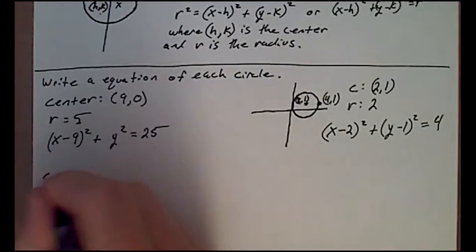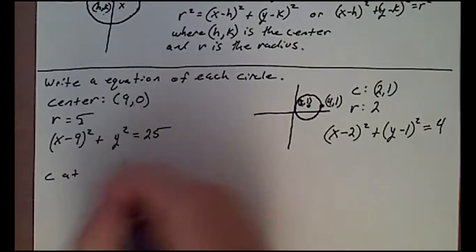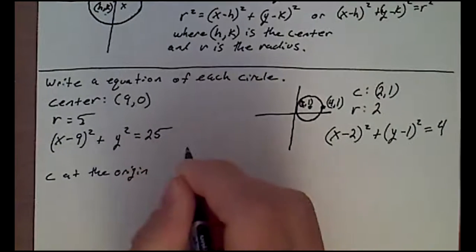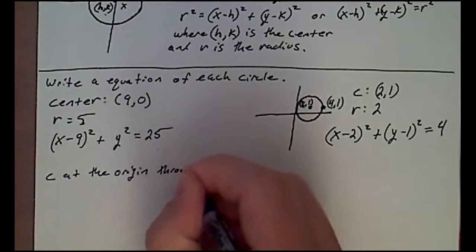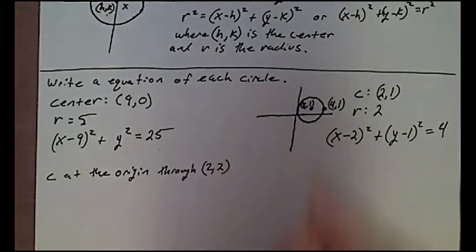What if we had the center at the origin and the circle went through the point 2, 2?